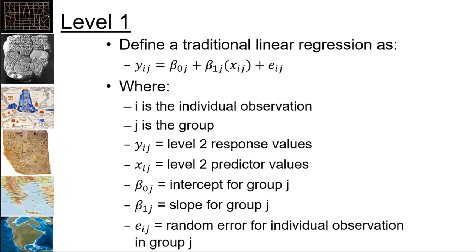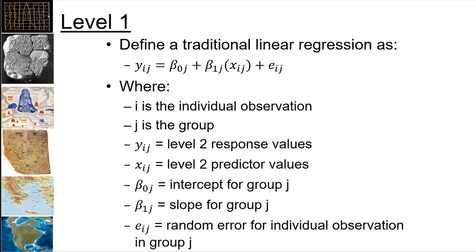What should be new is the J's, and the J's identify the group. So now we have another thing there where you could think of these actually being multiple equations. So instead of one linear regression equation, we actually have multiple, where the J's vary the different elements of the linear regression, especially the betas, our coefficients, and the error terms.